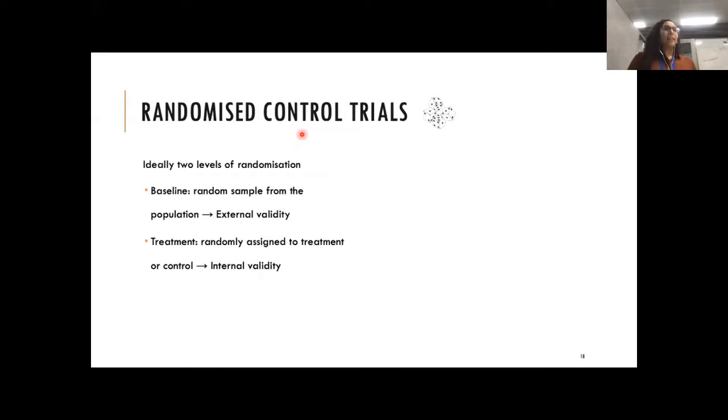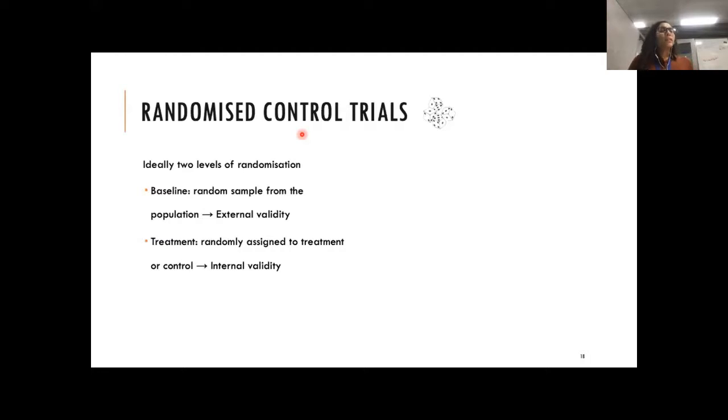The ideal is that we have two stages of randomization. First, we take a sample of the whole population. Then, for that sample, we randomly assign our participants to a group that receives the treatment and our non-participants to the group that doesn't receive the treatment.